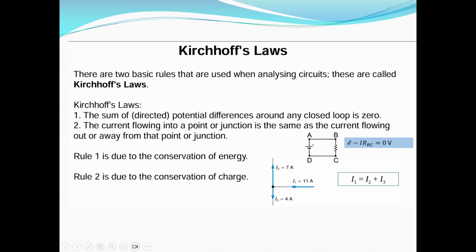The second one, the direction is important: the directed sum of potential differences around any closed loop is 0. You can see epsilon is the value of the battery in this circuit and IR is the voltage across the resistor. Then we take the direction around the closed loop, taking one direction as positive and the other as negative, then the sum of the IR terms and EMFs equals 0, right?